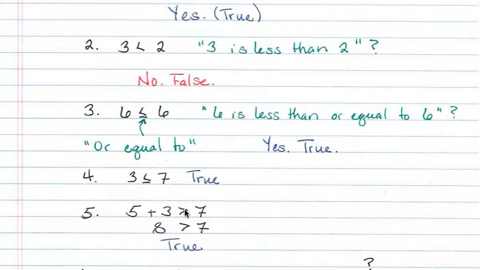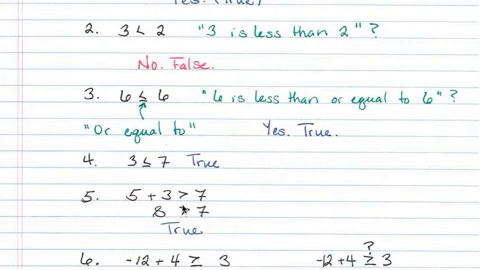So 5 plus 3 less than 7. Just like if there were an equal sign here, we can do basic math functions. So we can add these. I rewrote this as 8 greater than 7. That's true.